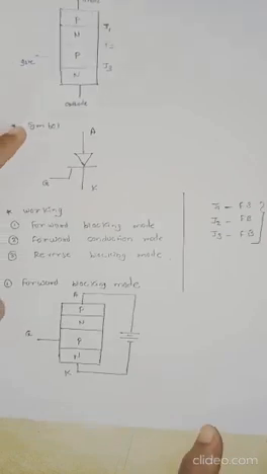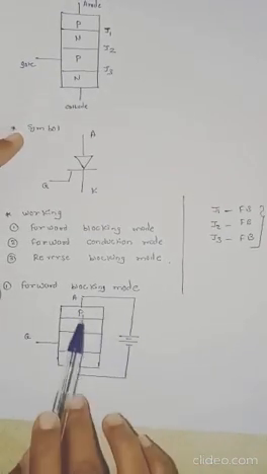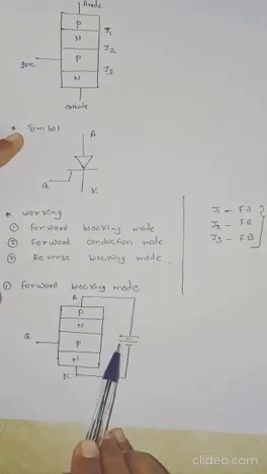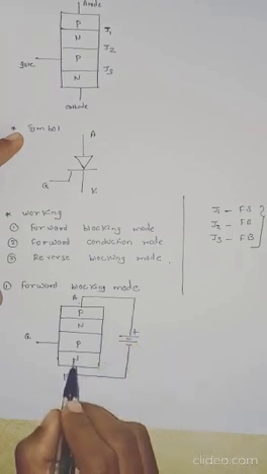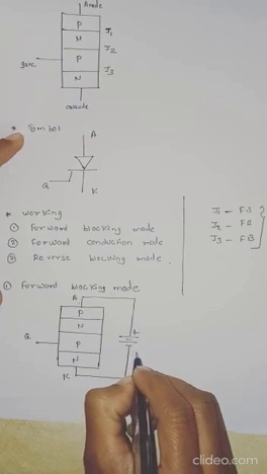Now in forward blocking mode, we'll apply forward voltage to SCR. The anode terminal, that is P region, is connected to the positive terminal of the battery, and the cathode terminal, that is N region, is connected to the negative terminal of the battery.